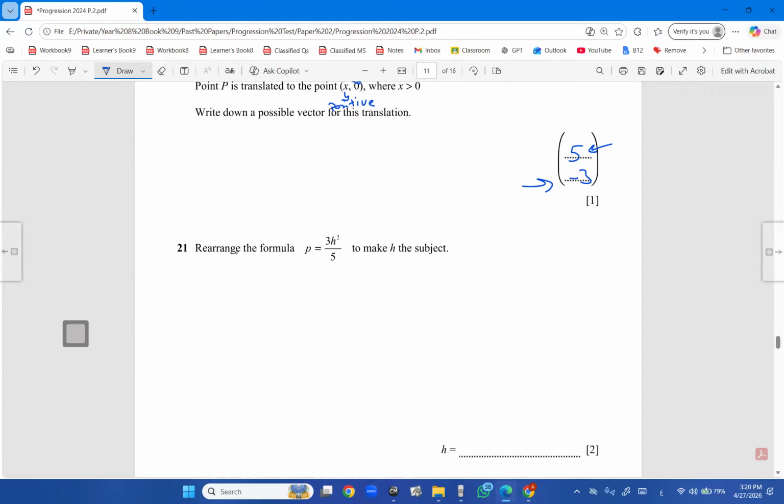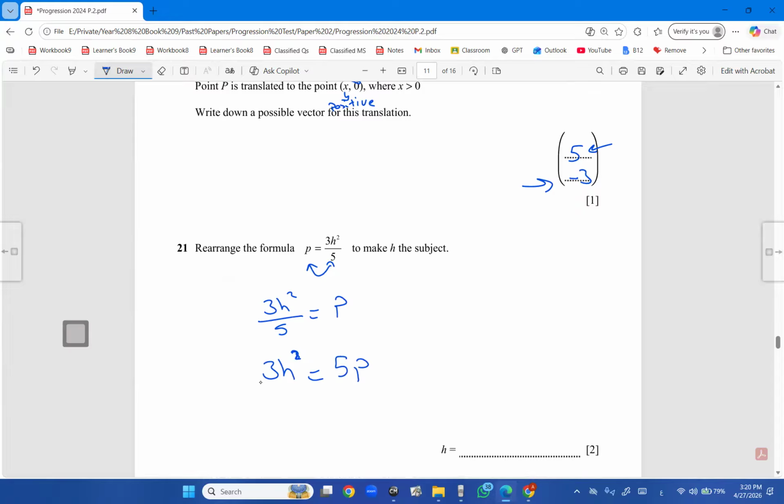Rearrange the formula P equals 3h squared over 5 to make h the subject. So to make h the subject, you can switch if you would like to. Then you need to ask yourself, what is the last thing that happened to h? The last thing that happened to h is divided by 5. So you send it to the other side, multiplied by 5. So 3h squared equals 5p.